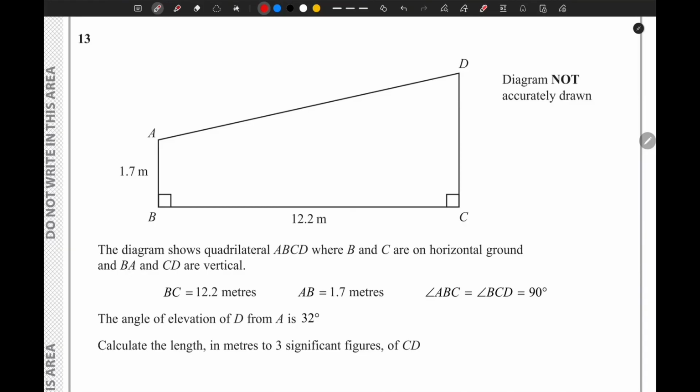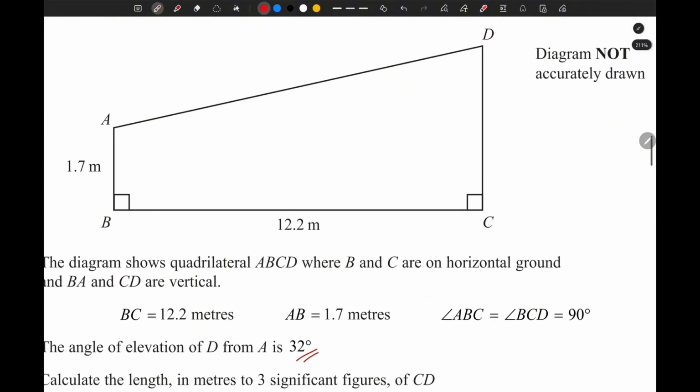Now in the next question, we have a quadrilateral ABCD where B and C are on horizontal ground and BA and CD are vertical. Now they have given us some information. There's another piece of information which is missing in the diagram. It's that the angle of elevation of D from A is 32 degrees.